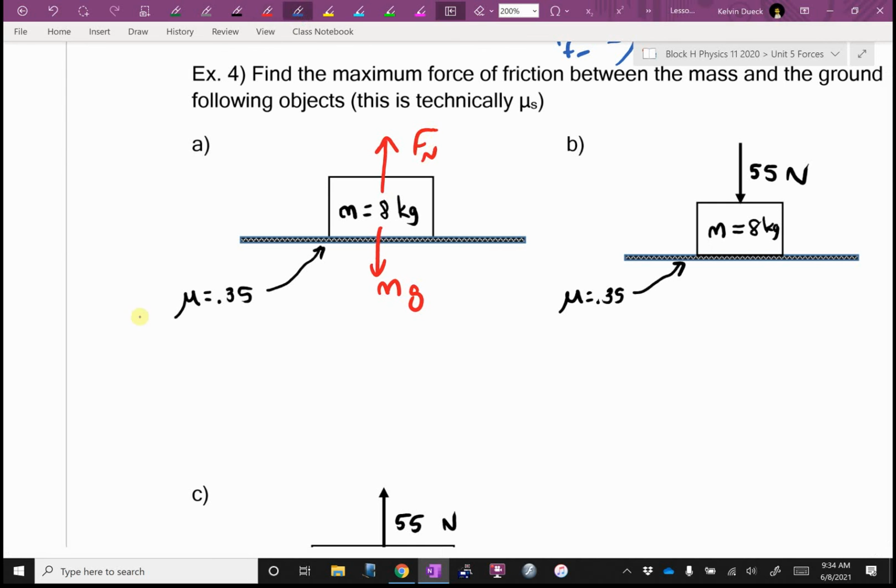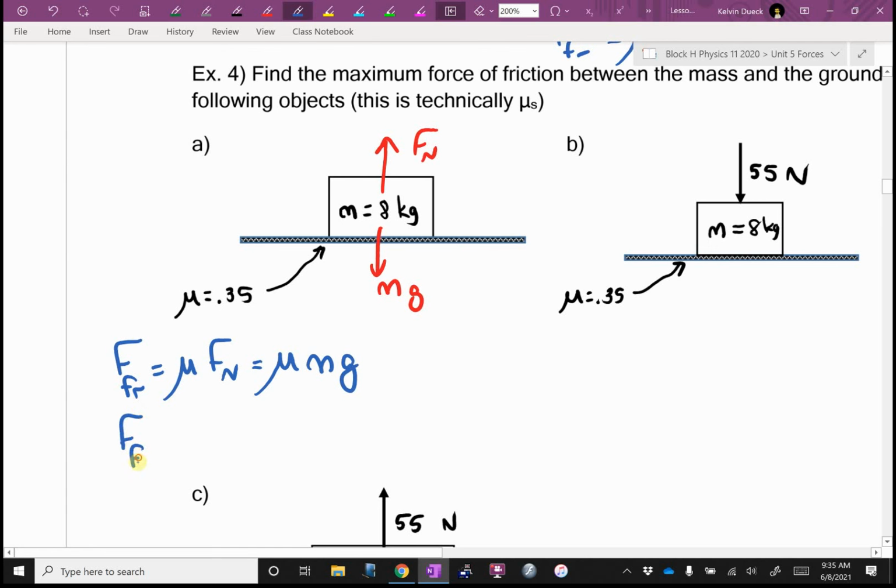So if I'm calculating friction, friction equals mu times the normal force. I don't know the normal force. Oh, but look. I know another force the same size as the normal force. What? So I can say mu mg.